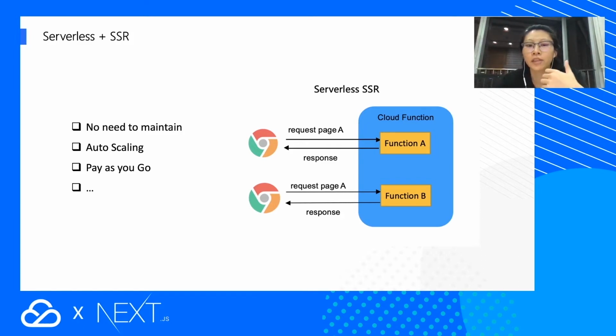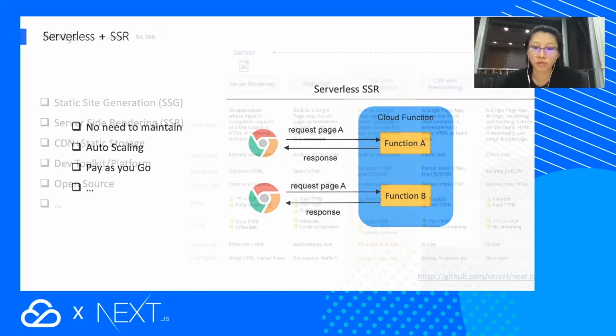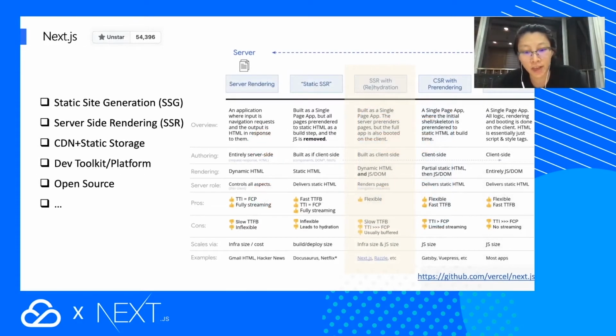And also from the cost-saving perspective, serverless functions are pay-as-you-go, thus they can reduce the server cost. For the above reasons, the Tencent Education team is trying to combine serverless and SSR together to improve their software. Next, I would like to talk about why we chose Next.js as the SSR framework.